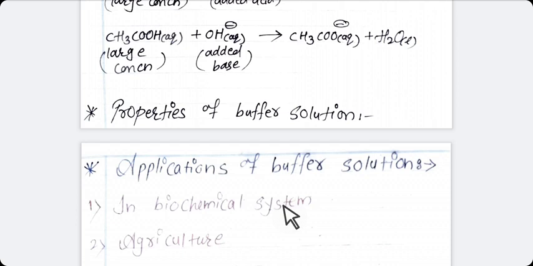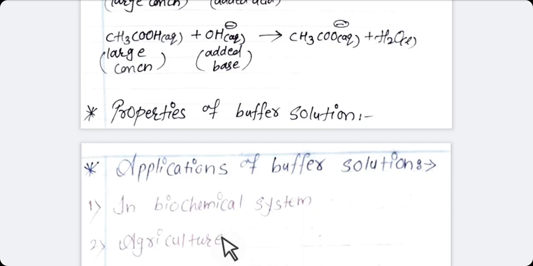The saline solution used for intravenous injection must contain a buffer system to maintain the proper pH of the blood. So you can understand how important the pH of the blood is.